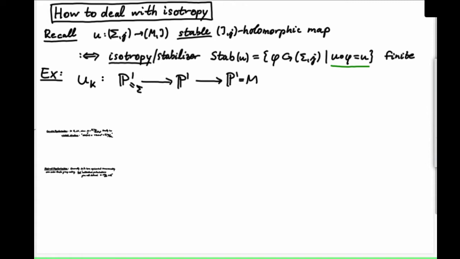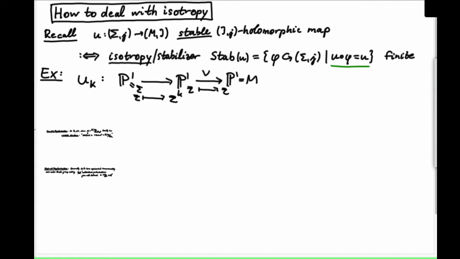There's a silly holomorphic map, that's simply the identity. And then there's a multiple cover, a k-fold cover. Those are holomorphic functions, so all of these are holomorphic curves.